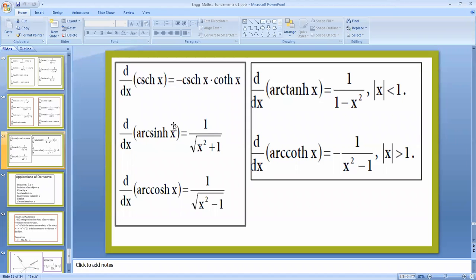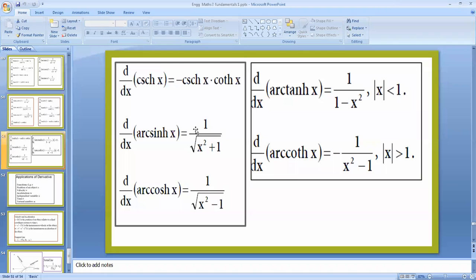Yes, sine hyperbolic of x is what? Do you know that formula? As you have seen, it is e raised to x minus e raised to minus x upon 2. Sine hyperbolic inverse of x means what? We can say it is theta. So x is equal to sine hyperbolic of theta, and sine hyperbolic theta we express in terms of exponential.